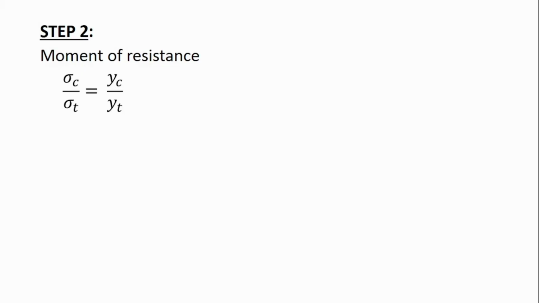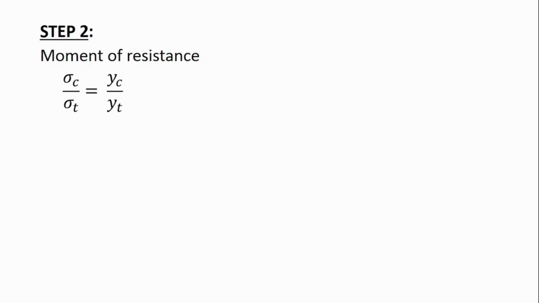It could have been the compression, does not matter. So we're testing the tension to see if the compression is within the range. You can test compression to see if tension is within range, but for this question, we're putting the value for tension to see if compression is within the safe range.